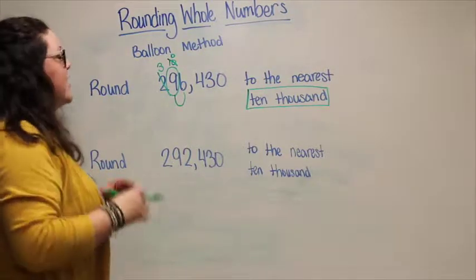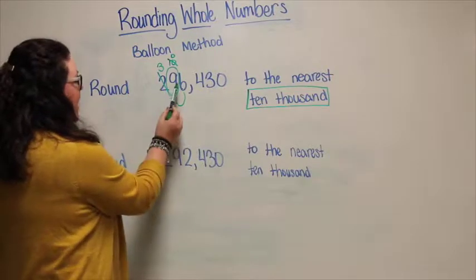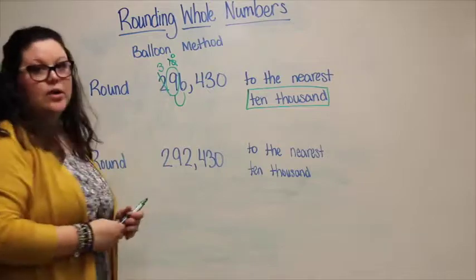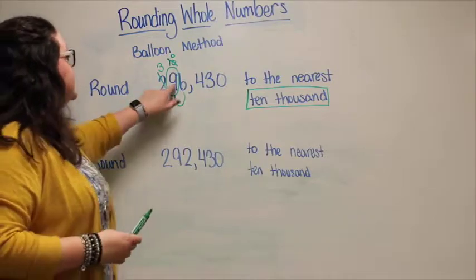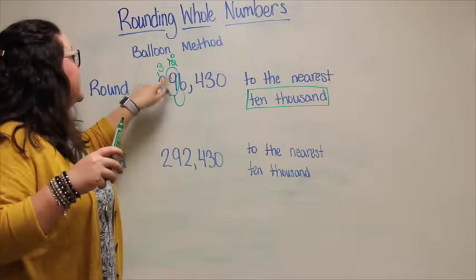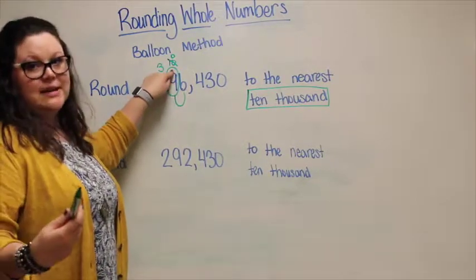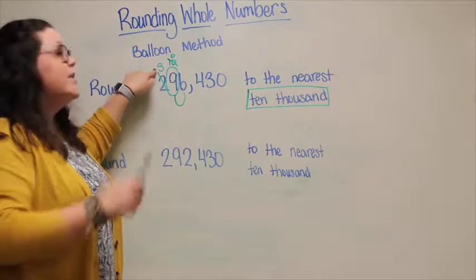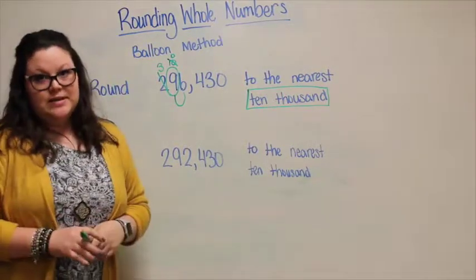You can also look at it as a 29 now becomes a 30. Since this 9 had to go up because I let go of 6 fingers, it becomes a 10. But it can't stay a 10, so it becomes a 0, and it regroups 1 over into the 100,000s place.